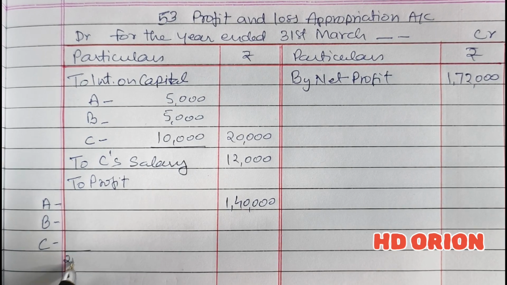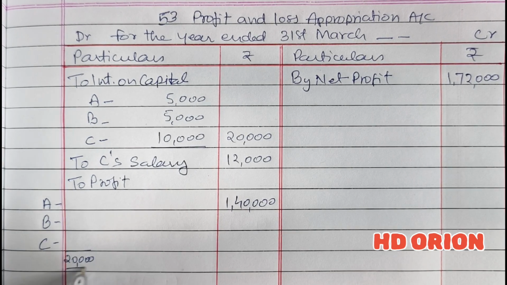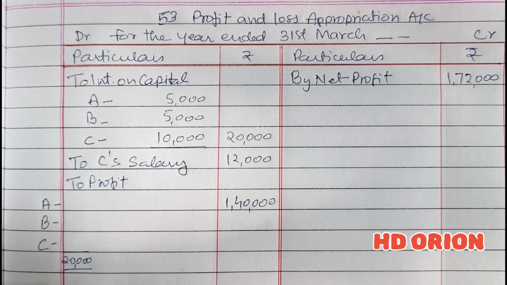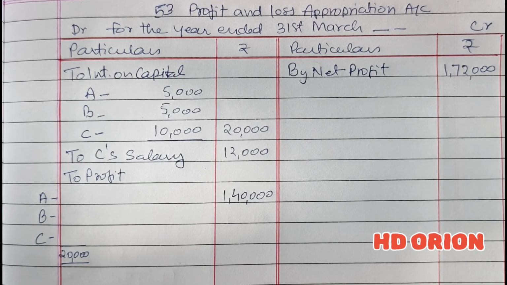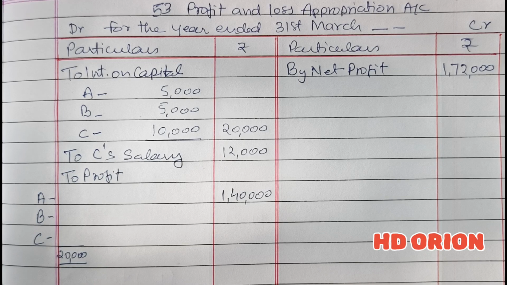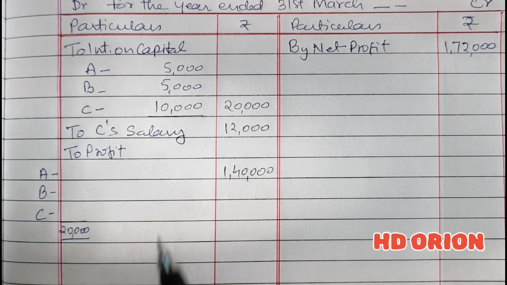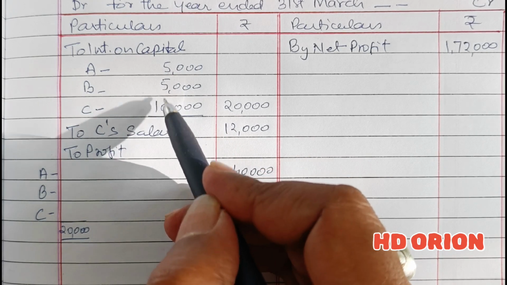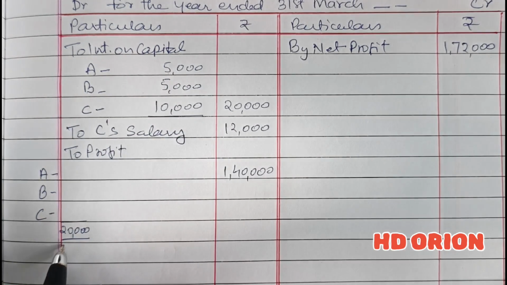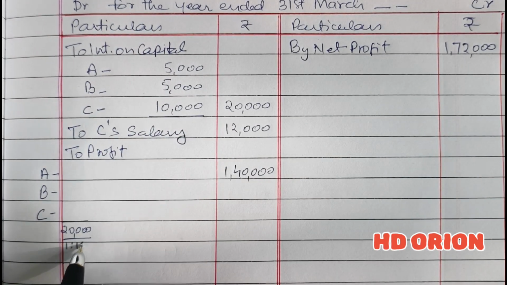First 20,000 is to be distributed in the ratio of capital. What is their capital ratio? Their capital ratio is 50,000 to 50,000 to 1 lakh, so it is 5:5:10 or 1:1:2.